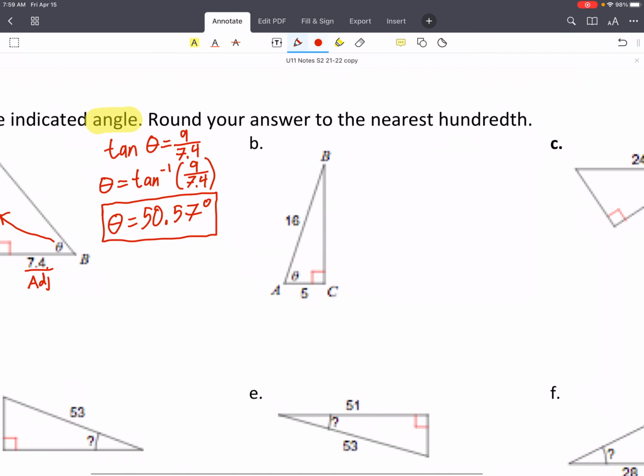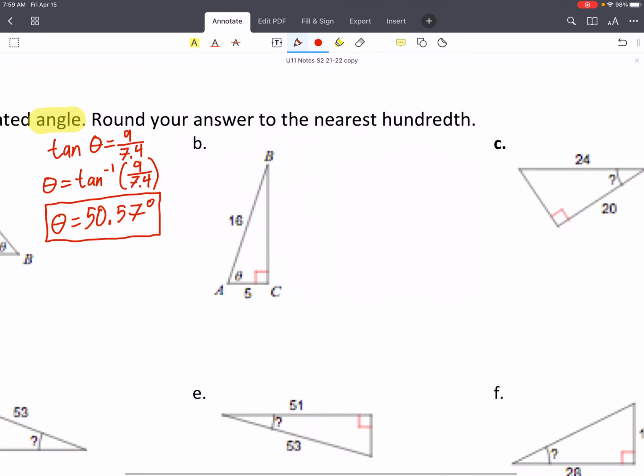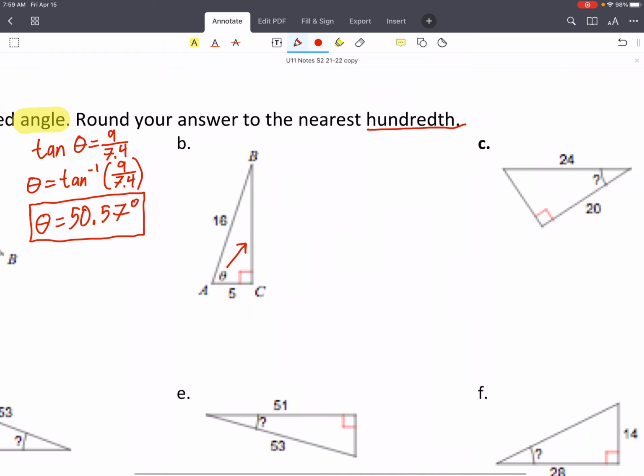Then we just repeat that same process. Again, remember rounding to the nearest hundredth. So we have to identify what sides we have for this next one, for B. We don't have our opposite, but we do have our adjacent and our hypotenuse. So with adjacent and hypotenuse, we would need to use cosine.